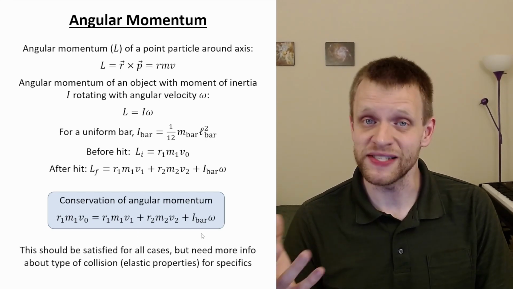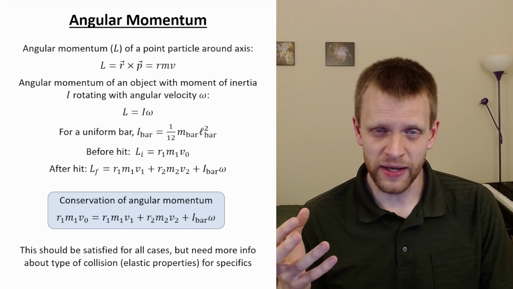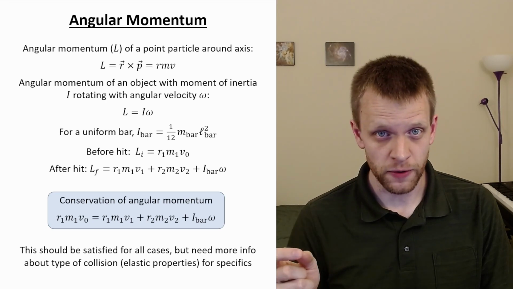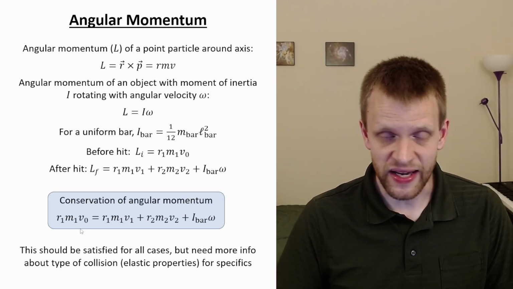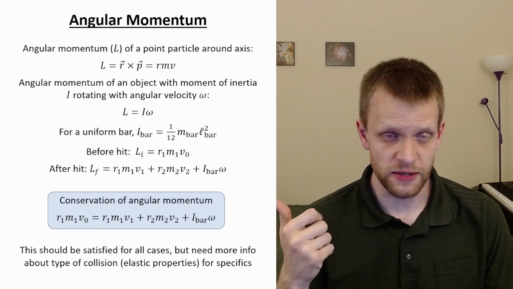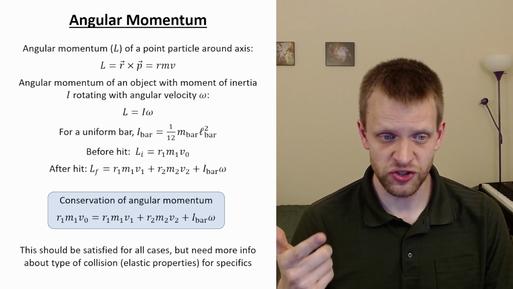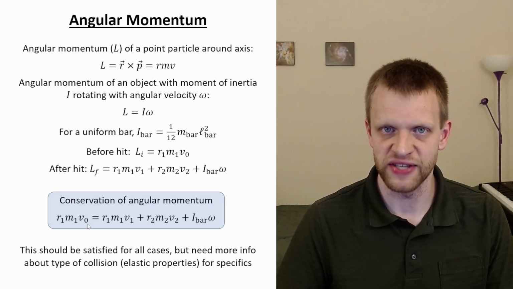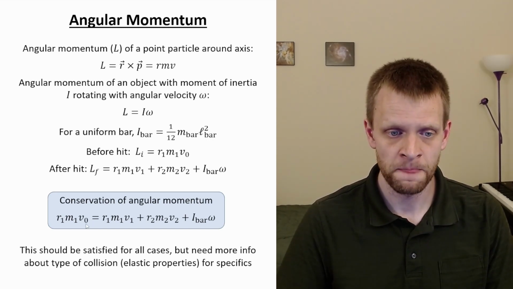So this should be satisfied in all cases, but there is a problem with trying to use this angular momentum alone. Because I can pick my r1 and r2 values, I can pick the mass values m1 and m2, and I can pick, or at least measure, how fast that original object is being thrown.